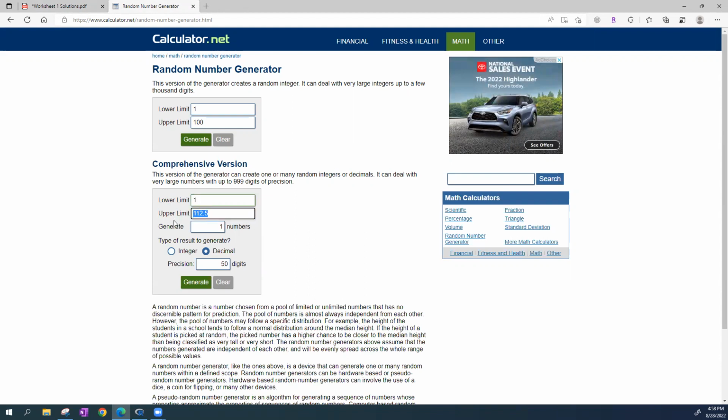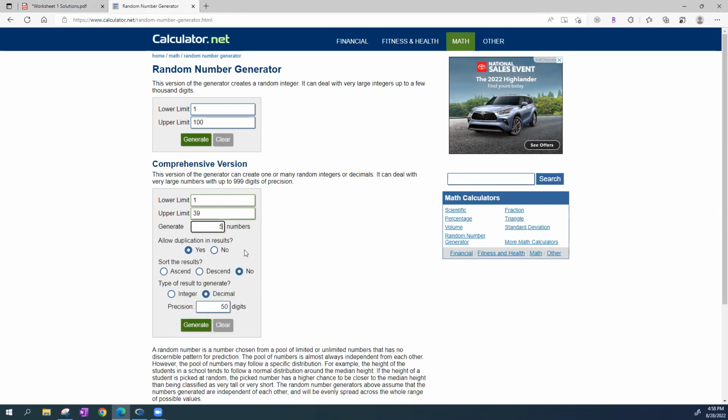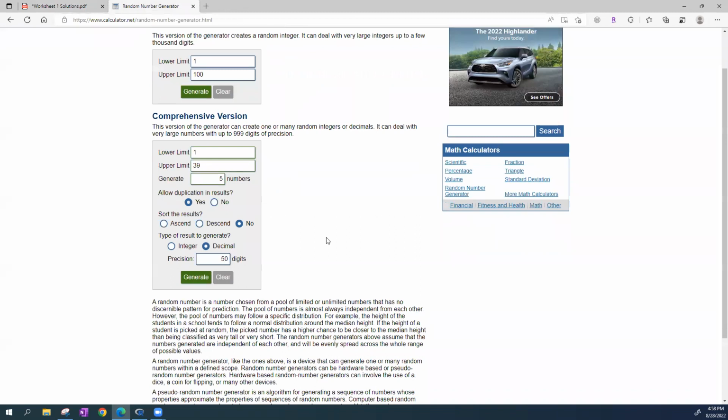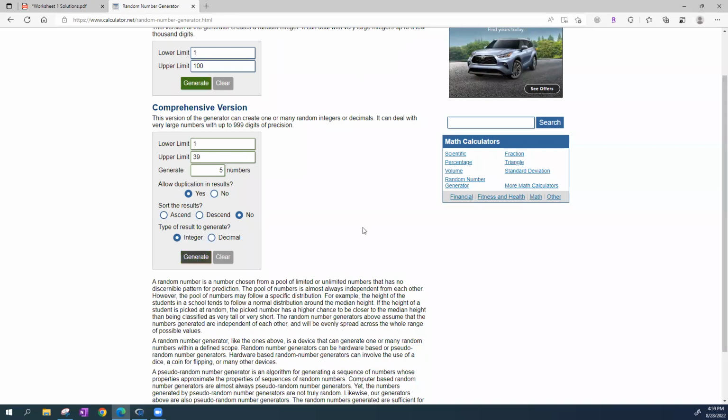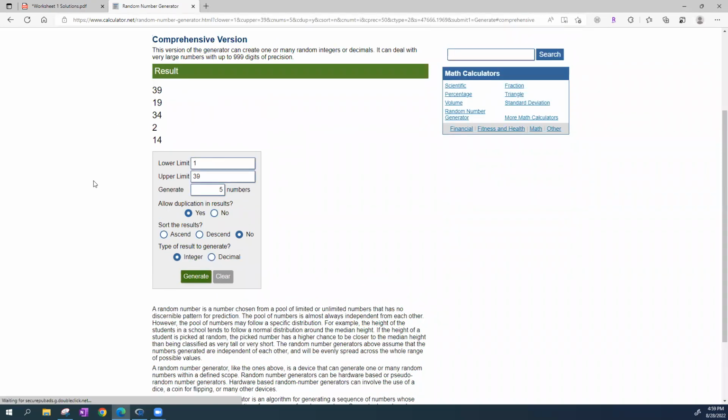Let's go to the comprehensive version, 1 to 39, and we want 5 numbers. Allow duplication, yes. Sample with replacement. Sort no, we want integers. So generate. And that's the result: 39, 19, 34, 2, and 14. So inclusive means it's possible to see this number 39 here.